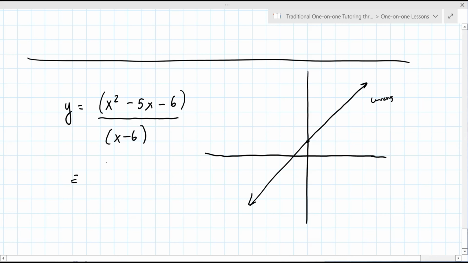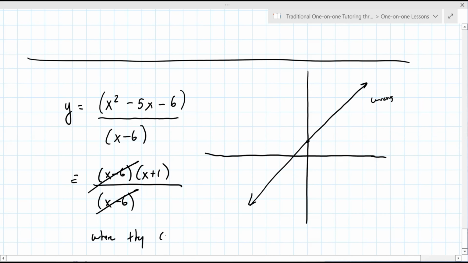If you're still seeing my screen with the graph that I'm drawing here. Okay, so if you factor the numerator and you factor the denominator, do you see how these cancel? Where they cancel, which in this case is at x equals 6, because 6 is what makes it 0, that's where there's a hole.